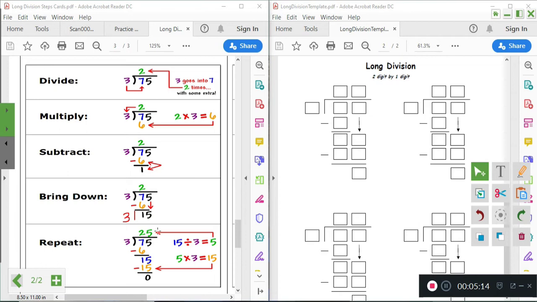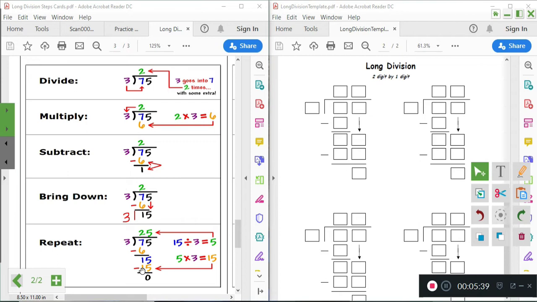I then continue my steps again, okay? So I divided. I have to finish. Once you have this 5 up here, you're not quite done. You have to finish the steps. So then I multiply. I multiply the 5, the new piece of my answer, times 3. 3 times 5 is 15. That goes right here.